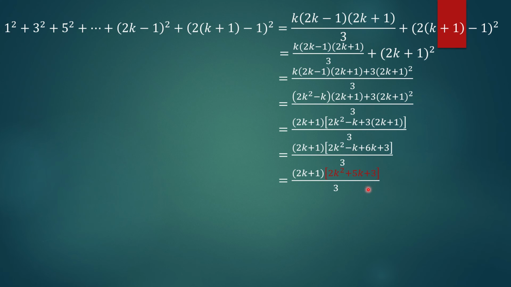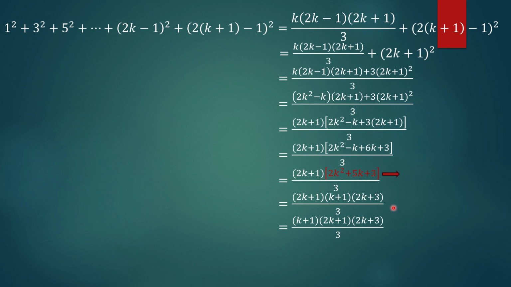So by combining like terms, we have the quantity of 2k plus 1 times the quantity of 2k squared plus 5k plus 3 all over 3. And factoring the quadratic expression, 2k squared plus 5k plus 3 is equal to the quantity of k plus 1 times the quantity of 2k plus 3.